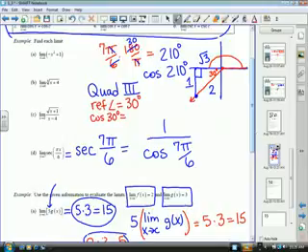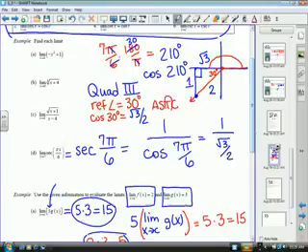So based on that 30, 60, 90 triangle, what's cosine of 30? SOHCAHTOA. Radical 3 over 2, right? Alright. Now we have to do all students take calculus.